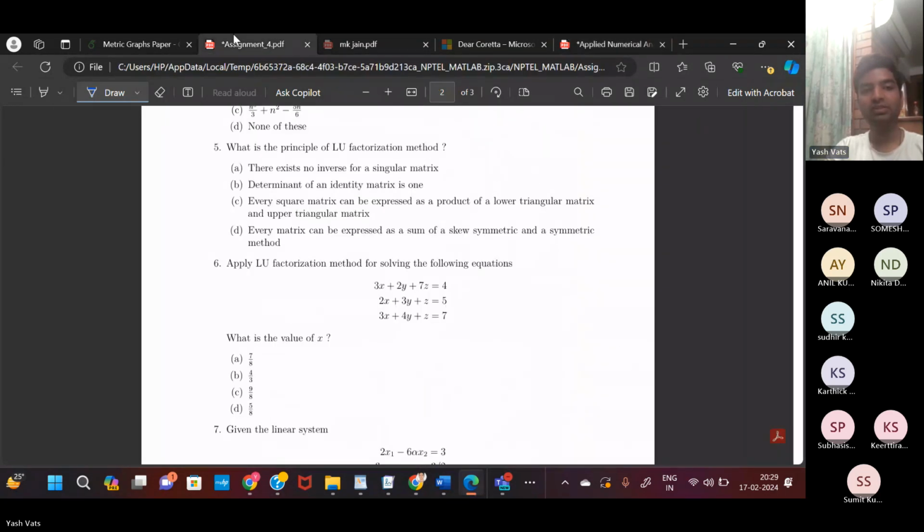There exists no inverse for a singular matrix. Determinant of identity matrix is 1. Every square matrix can be expressed as a product of lower triangular matrix and upper triangular matrix. So which one is true? In the fifth question, I have explained LU decomposition.